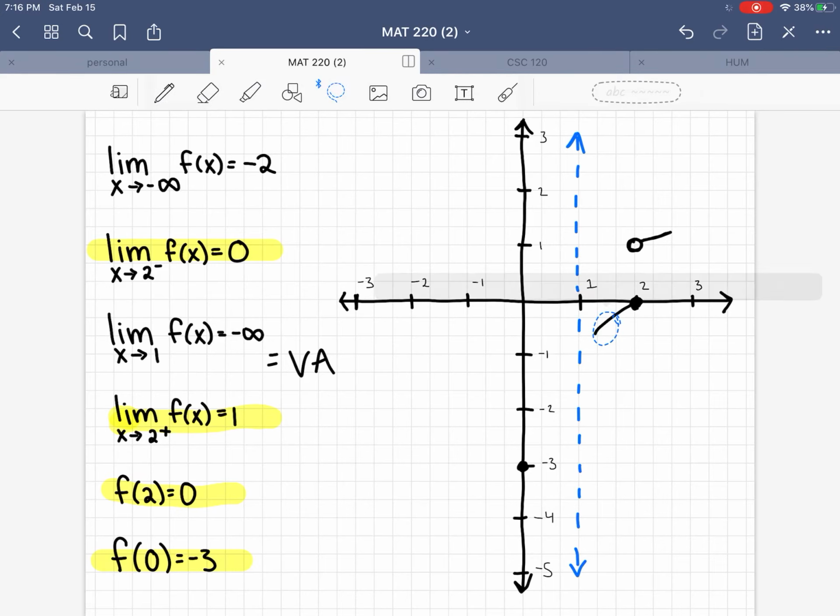If we were to show that, I'm going to redo this little line now that we have our new information. On this side, it's going to be approaching negative infinity.